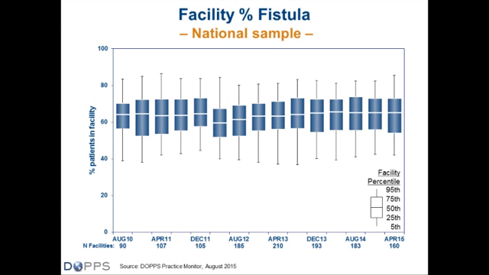The average levels have remained fairly stable over time. Both the mean and the median facility has 63 to 65% of patients dialyzing with a fistula. But the variation from the 5th to the 95th percentile in this graph ranges between 42 and 86% in April 2015.